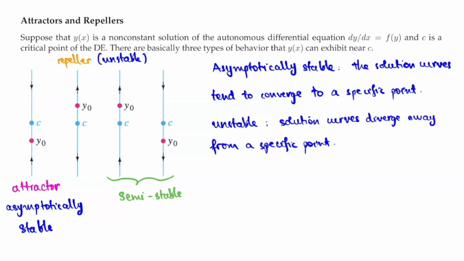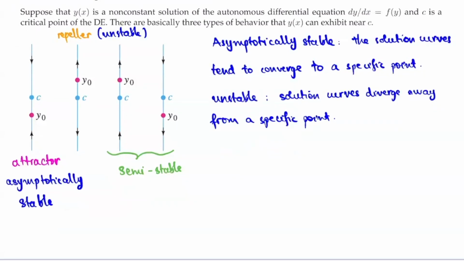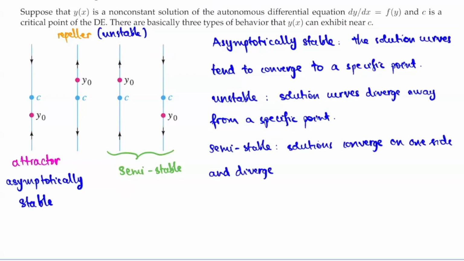Okay. So in that case, you say that it's semi-stable. So solutions converge on one side and diverge on the other side.